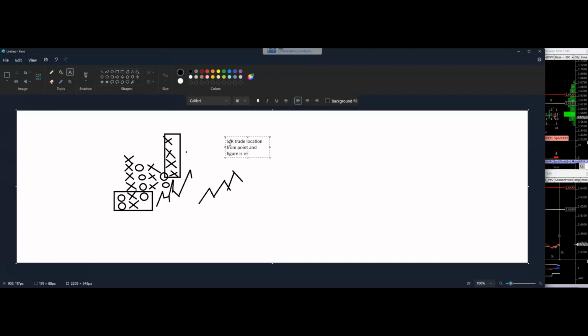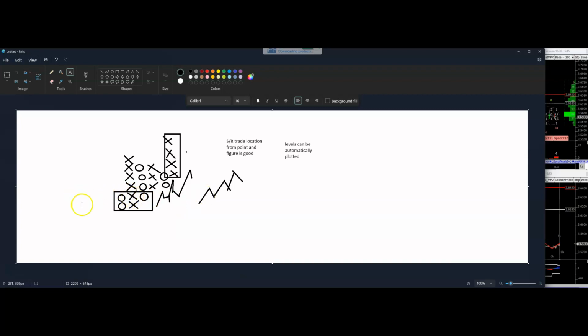It's reliable. It's good. And the second important thing is that those levels can be automatically plotted.